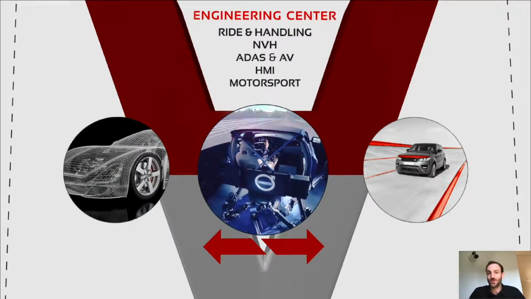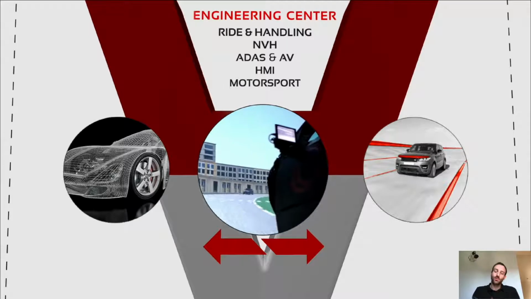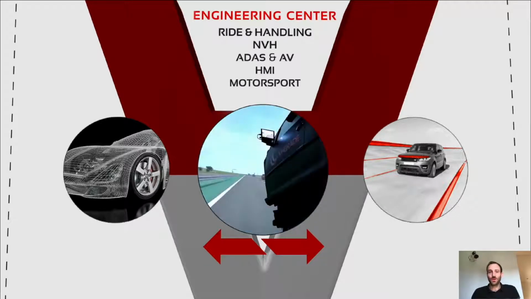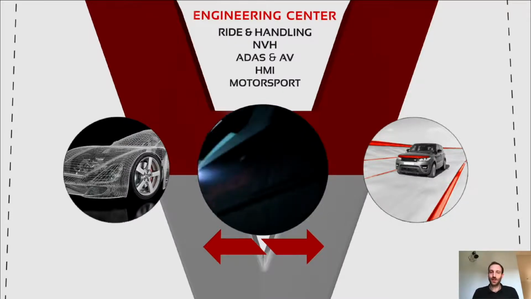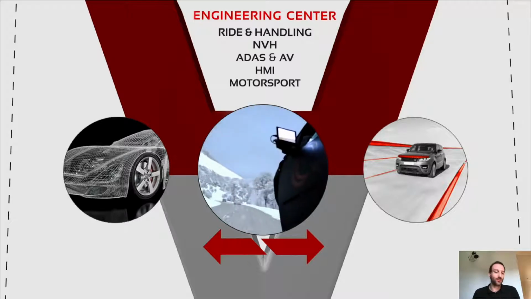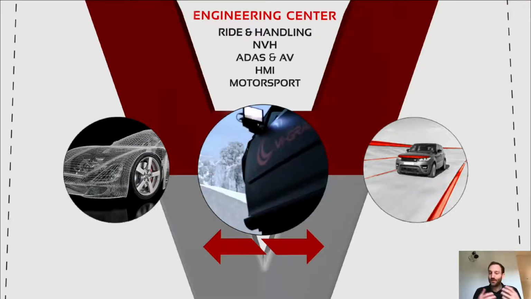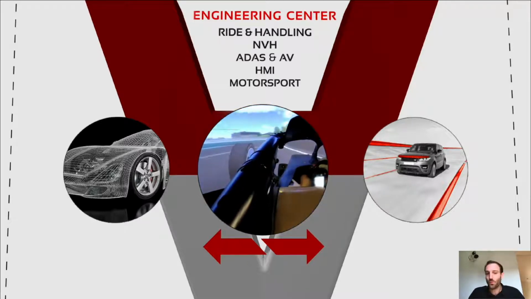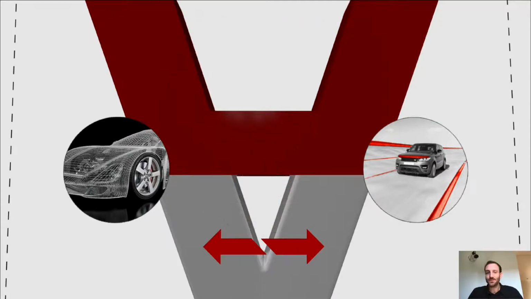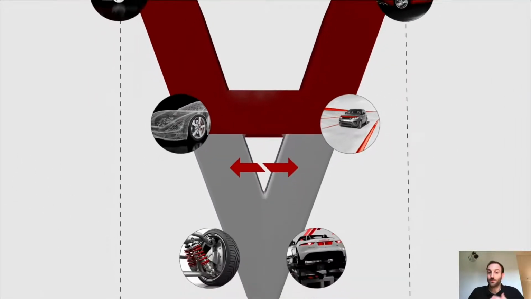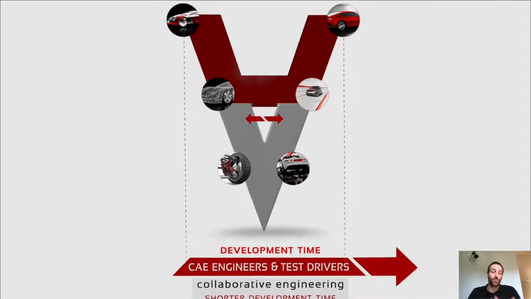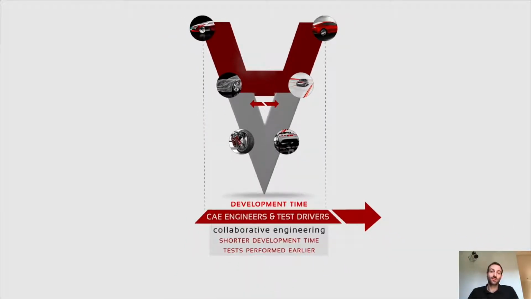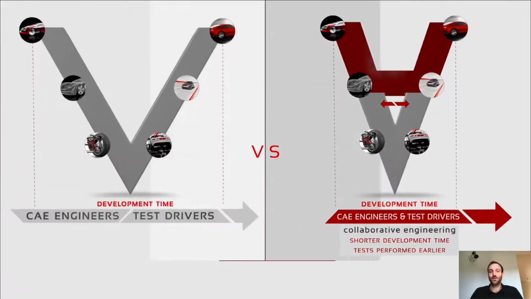So you basically have an engineering center where you can tackle all kinds of disciplines: ride and handling, NVH, ADAS and autonomous vehicles, HMI or motorsport, with various environments, scenarios and all kinds of vehicle models, and test all your modeling and prototyping together with your engineers and test drivers in the same environment.